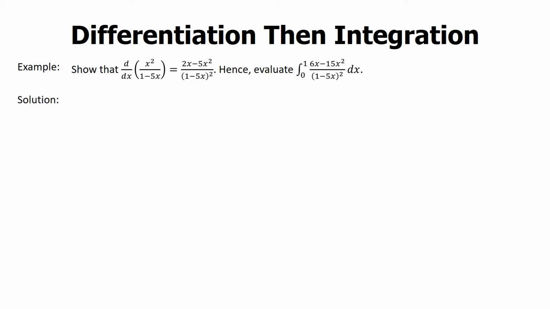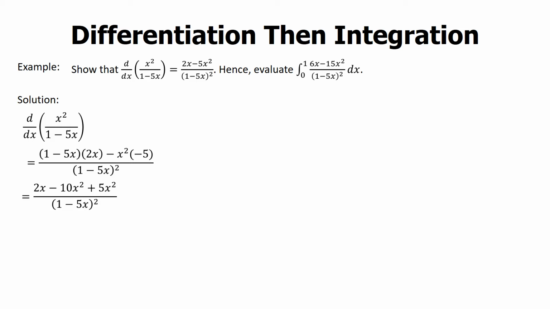Here is the solution. The steps are very similar to differentiation and integration in indefinite integrals. Firstly, we have to differentiate x squared over 1 minus 5x with respect to x. From here, we can apply the quotient rule, which gives us 1 minus 5x times 2x minus x squared times negative 5, over 1 minus 5x squared.